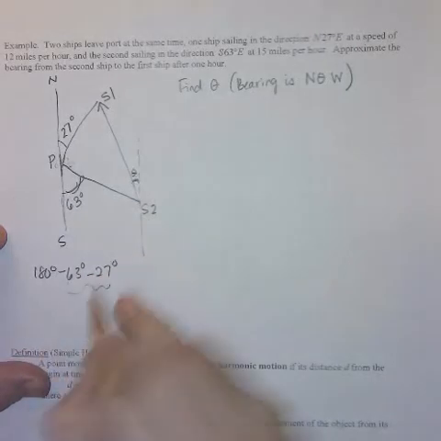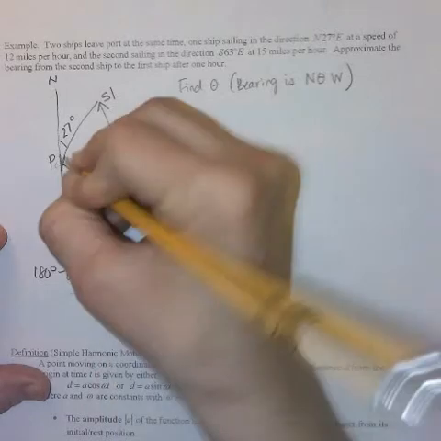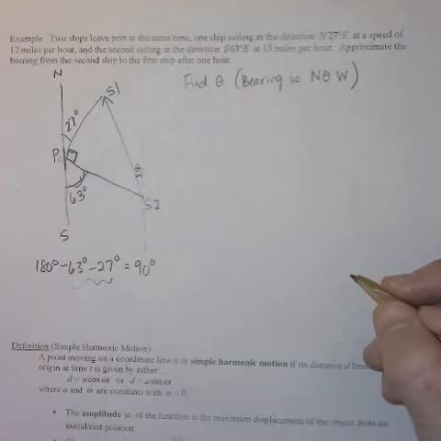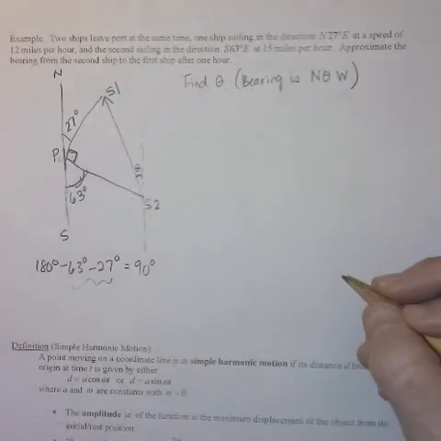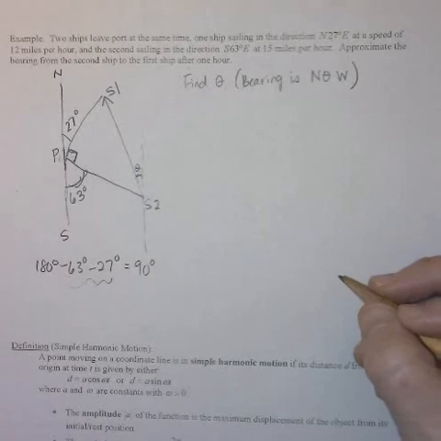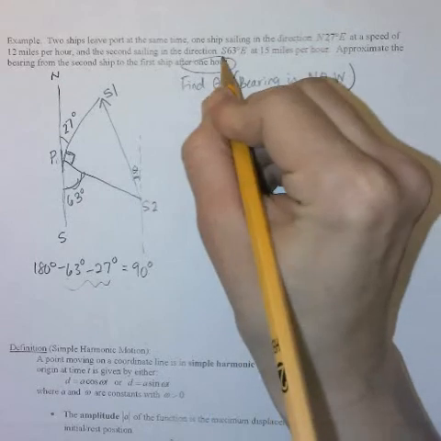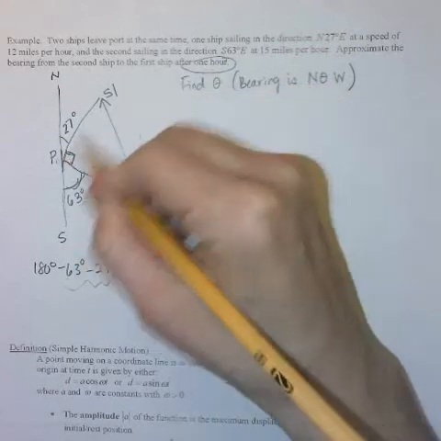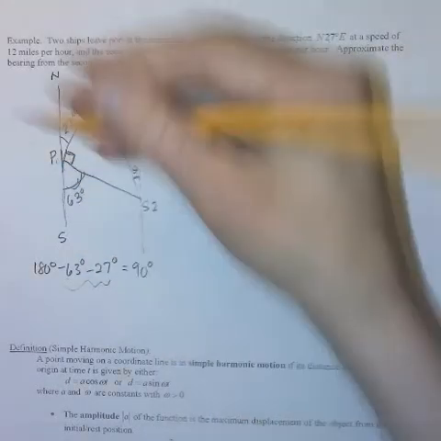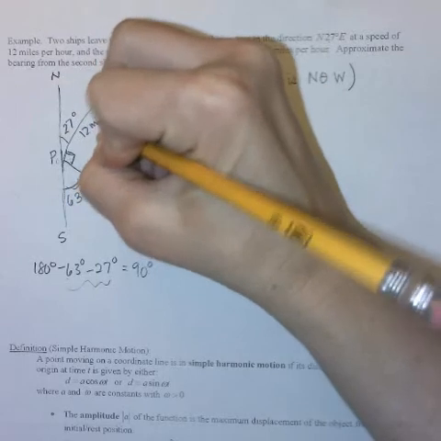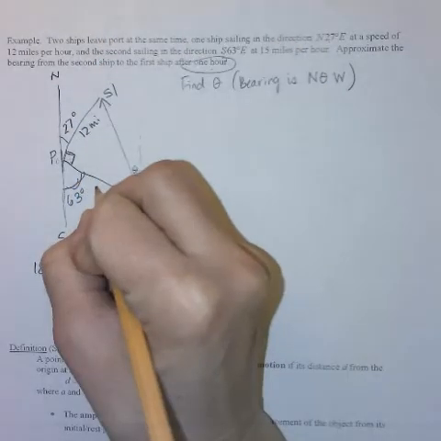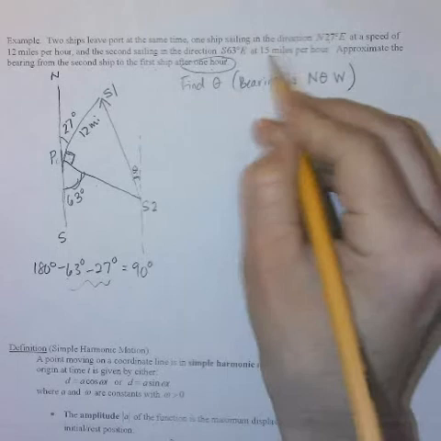So we do have a right triangle. The other thing we know is how fast these are going, and we want to know the bearing after 1 hour. So in 1 hour, the first ship is 12 miles away, and the second ship is 15 miles away, right? It's going 15 miles per hour.